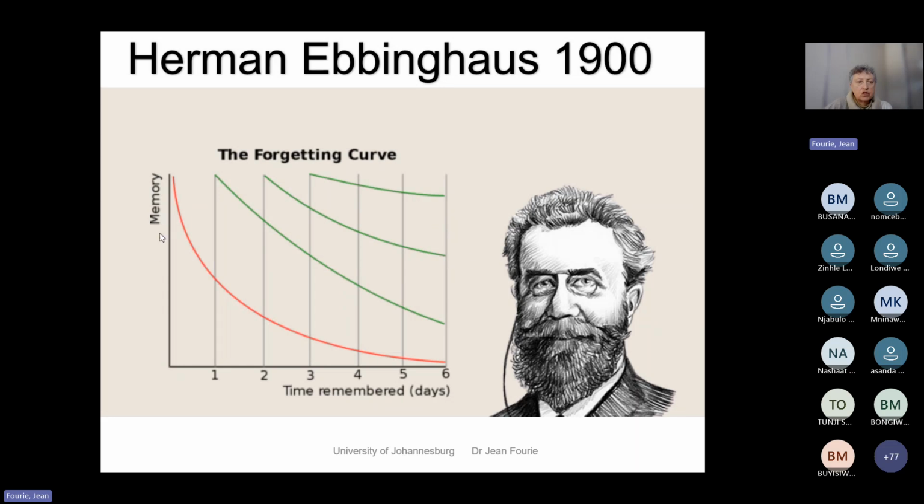So if you have a look at this graph over here, this is a very simplified version of what is called the forgetting curve. And think about giving a group of people a list of topics, a list of information that they need to remember.